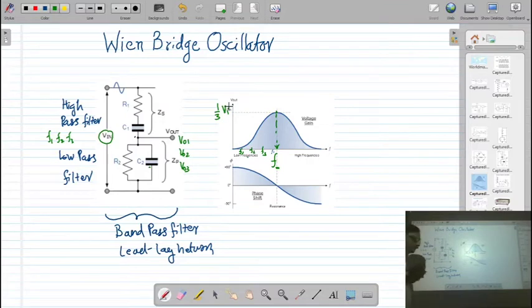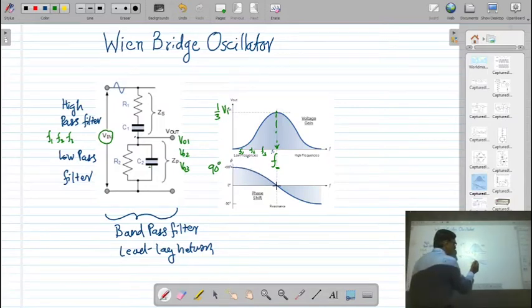Now the second characteristic: if you go on changing the frequency and measure the phase difference between the input signal and the output signal, then initially when the frequency is low, the phase is going to be 90 degree. As the frequency is increasing, the phase difference between the input and output is decreasing, and at a particular point the phase difference is 0.